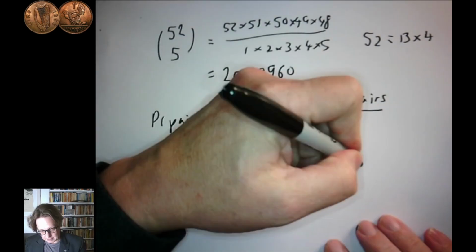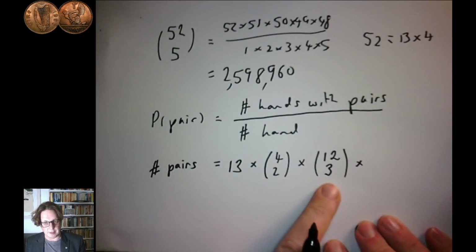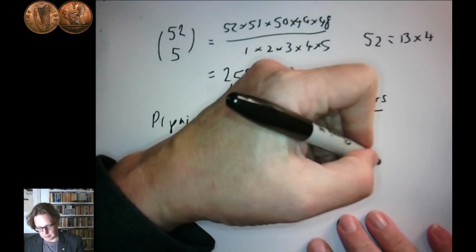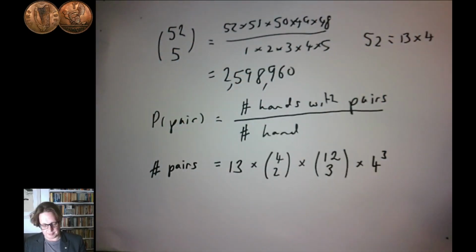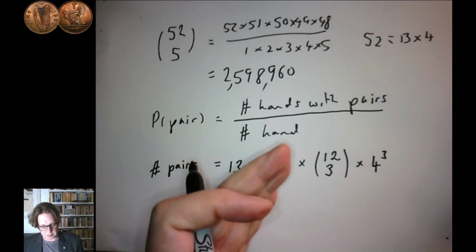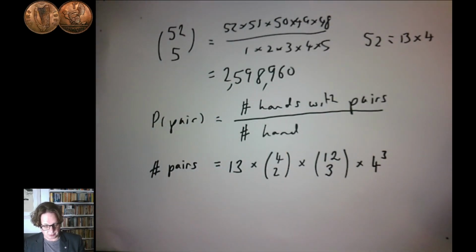And now finally, we have 3 cards here. Each of these is a different value, and each of these must have a suit. Each of these must be one of the 4 possible suits, and so we have 4 to the power of 3. So you can reason your way through it in terms of thinking about how you would construct the hand, how you would pick the cards for the hand. In this case, 13 choices of value, 4 choose 2 choices of suit.